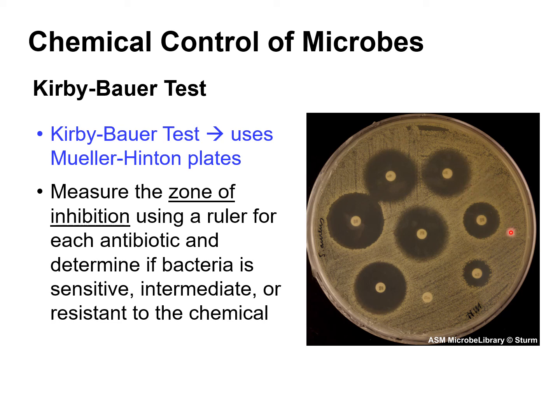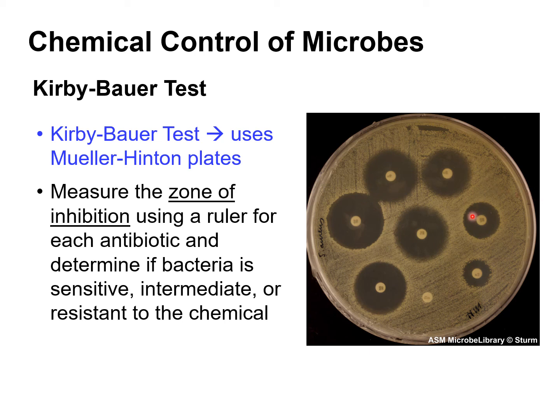After you inoculate your bacteria, by the way, just wait a few minutes and then dispense the antibiotics onto the plate. And then after you dispense the antibiotics on the plate, you can incubate this plate in the incubator.